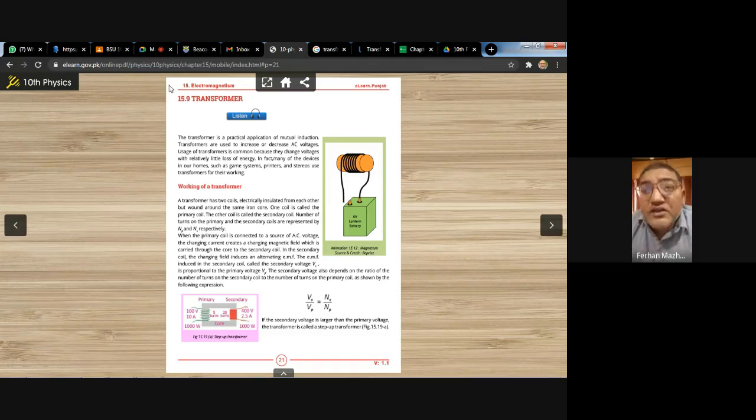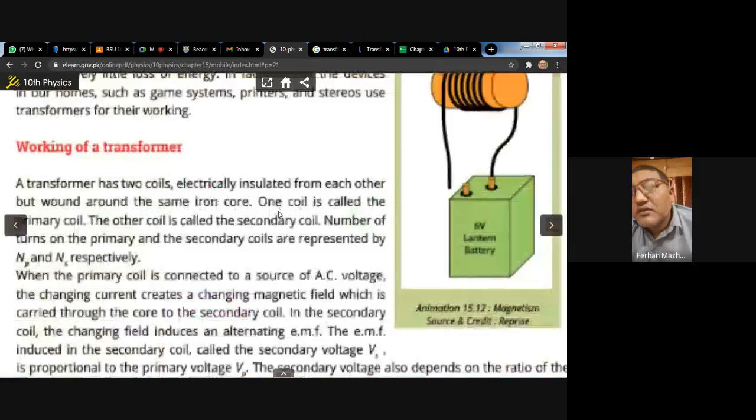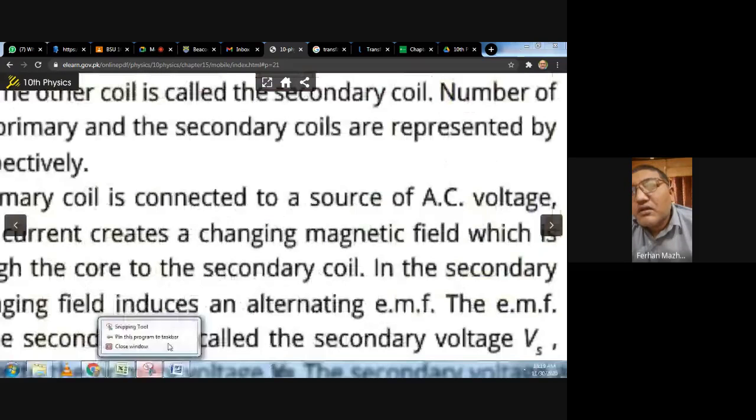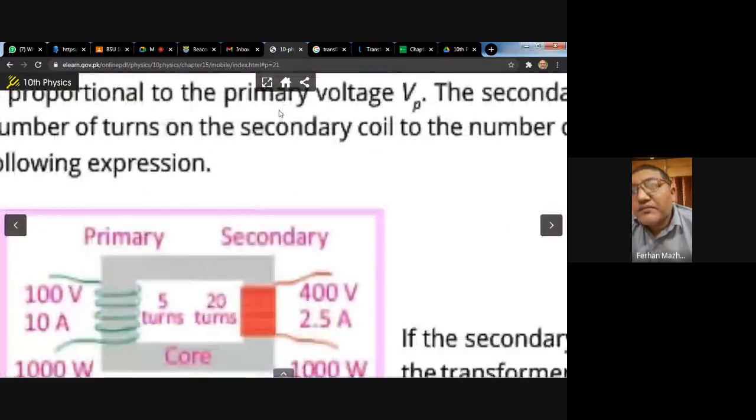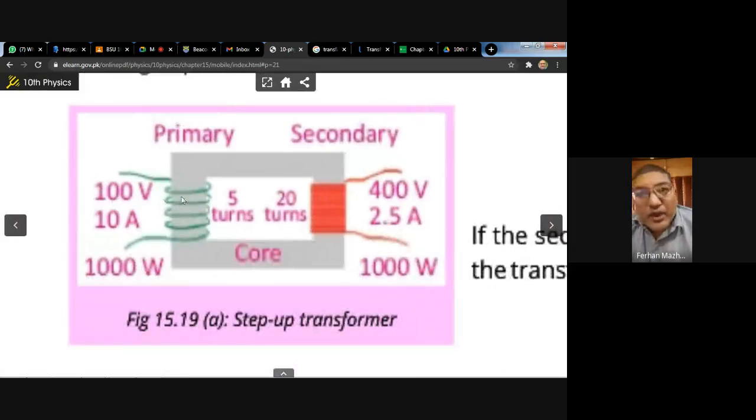You see this diagram, the small diagram on your screen. Let me increase the size so I can show you that diagram. Okay. This is the primary coil and this is the secondary coil.